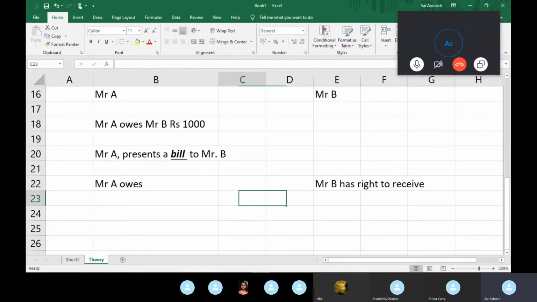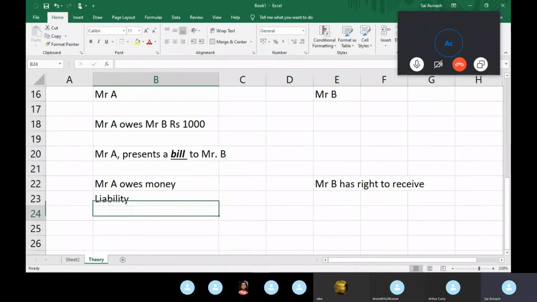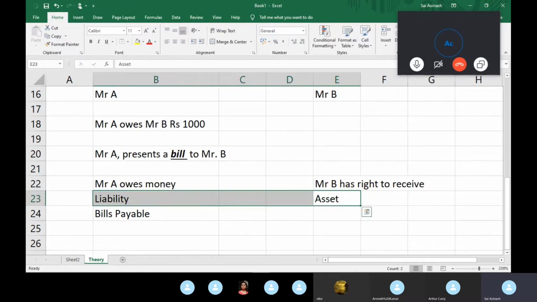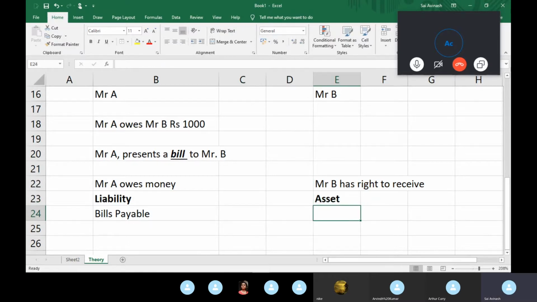So what does that mean? When Mr. A owes money, he has a liability, right? So what do we call this liability? We call this liability a bills payable, right? Correspondingly, Mr. B has a right to receive. So Mr. B has an asset, and we call that bill receivable. So a bill basically represents the right to receive the money from somebody.